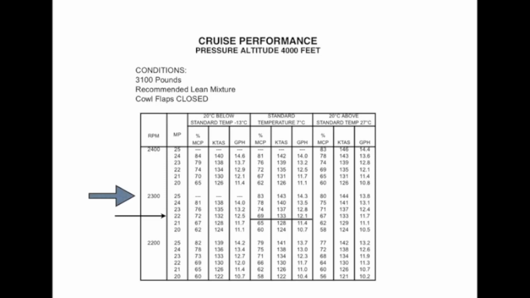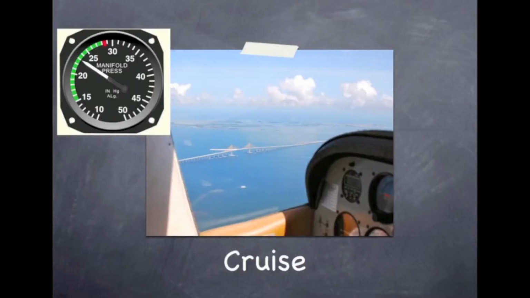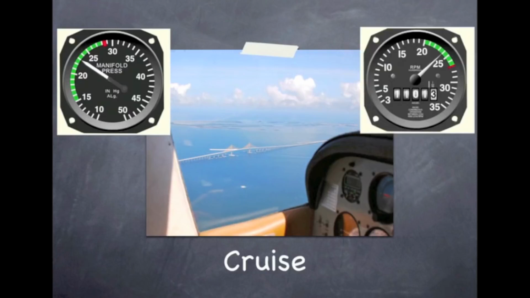To get this cruise speed, power, and fuel flow, we'll first set our manifold pressure to 22. So again, we set our manifold pressure first at 22 inches. Then we set our RPM at our 2,300, which is what we wanted to set.